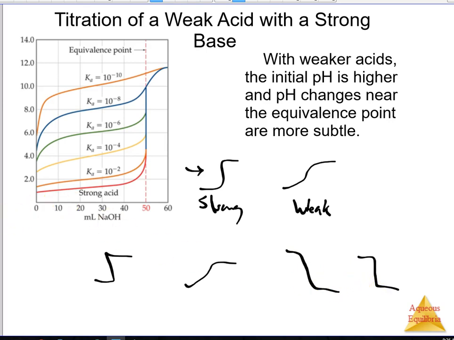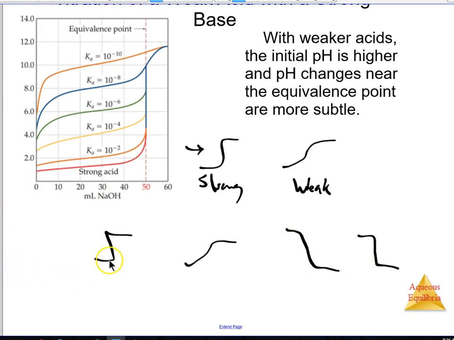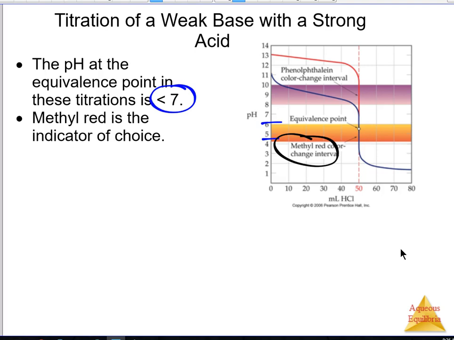Okay? The difference between these, this is a strong acid being titrated with a strong base. Weak acid, strong base. Weak base, this should be flat. Strong acid, strong base, and strong acid. Because everything we do goes both ways. All right. The pH, we already said it's, oh, sorry.